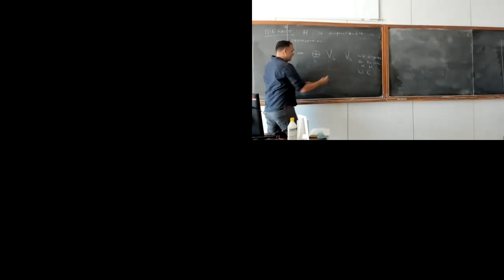So what this means, let's just translate this into symbols. This means that H acting on V is lambda times V for any V in this eigenspace.